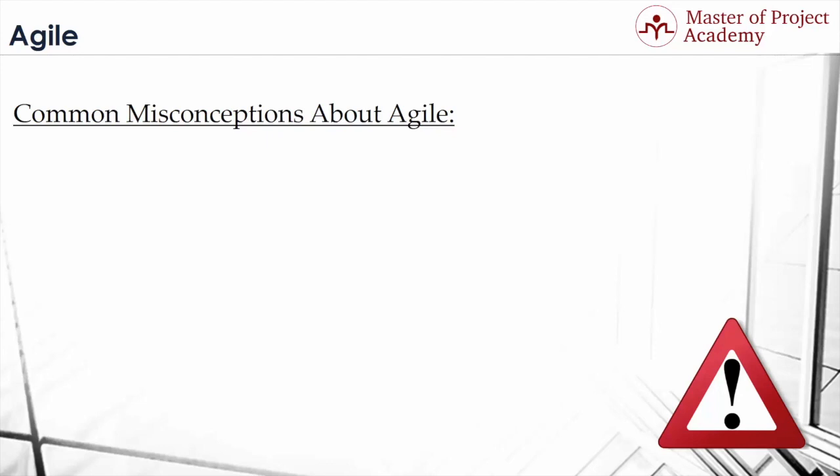Let me tell you a story from my experience about Agile misconception. We were in a meeting with one of our customers. The customer told about the project with very little information about scope, and the senior director of the project, who was also the sponsor, said, "We have to deliver this project in 4 months. Therefore, we will do Agile Project Management."